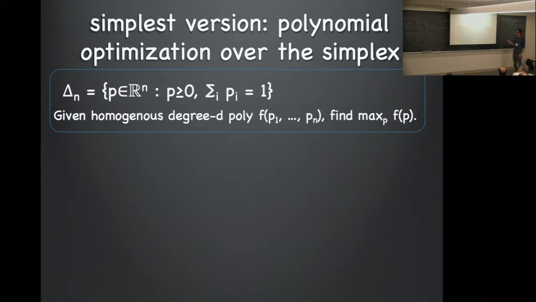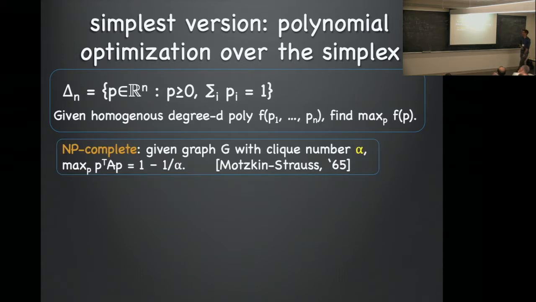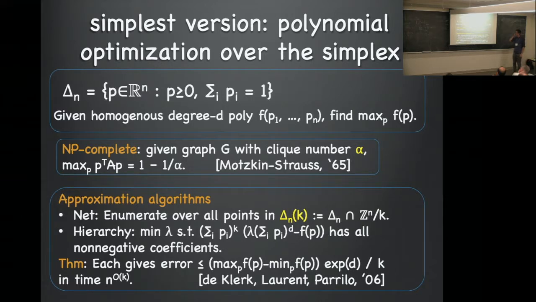I think I'll skip what this is. And basically, the explanation that was in Paolo's paper is that if you look at the sum of squares proof, it corresponds to just coming up with this equation, lambda times this minus f of p.